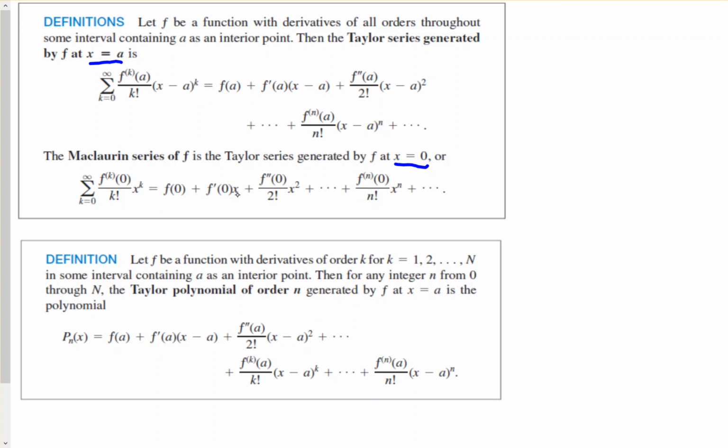You'll still have the x's in it: x squared, x cubed, all the way to x to the n. Then we have a Taylor polynomial of order n, which is a polynomial with a certain number of terms, n terms if you will, and that gives us an approximation for the function. So it's only finite; we only have it set for a certain number of terms.